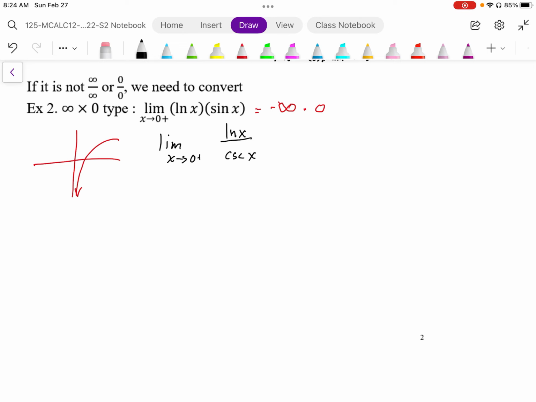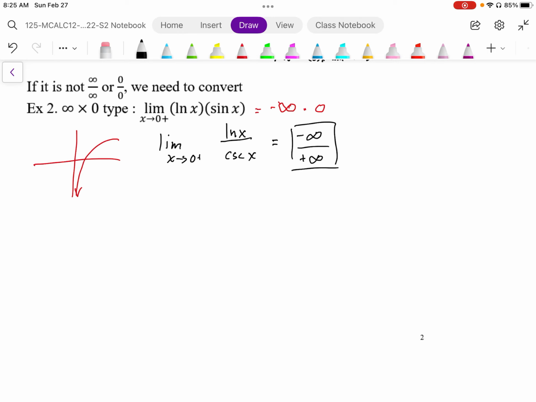Okay, so I can now evaluate this. Plugging in, I get negative infinity, and as x goes to 0, cosecant approaches positive infinity from the positive side. So there's our condition that we need to apply L'Hopital's.